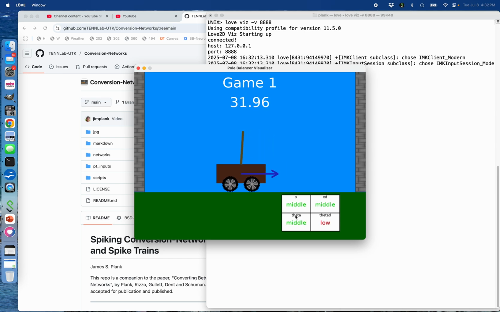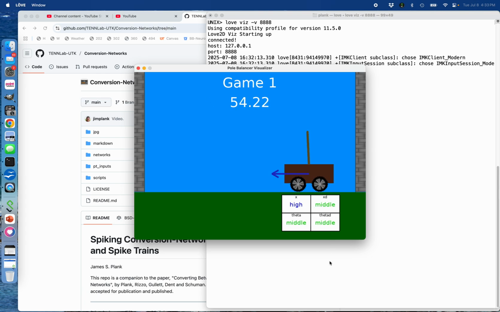And then your agent will run and determine, should I push the cart left or right? And then the goal is to keep the pole balanced, to keep the cart between the two walls. The normal parameters of this problem are incredibly simple. This is a much harder setting of the problem, which is kind of why we like to concentrate on it.